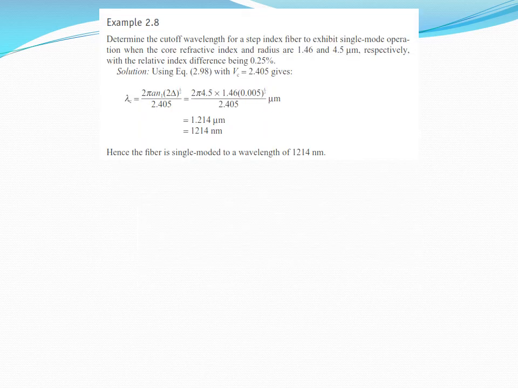So again here we are going to find what is the lambda, and Vc represents the value of V, or the normalized frequency for a step index fiber, and it is 2.405. This I have already told you regarding 2.405, that is a range of the value of V from 0 to 2.405.